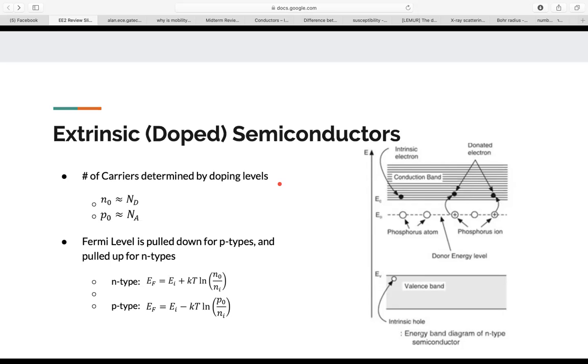So if you ever see that in your problem, that's what it implies. So if you're given 5 times 10 to the 15 donors, you can say your N naught is equal to ND, and then your P naught is equal to Ni squared over N naught because of the NP relation. And that's how you find how many holes there are.